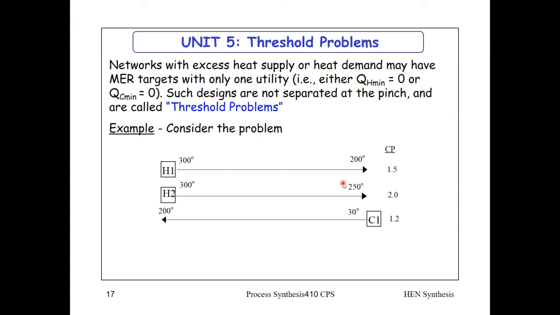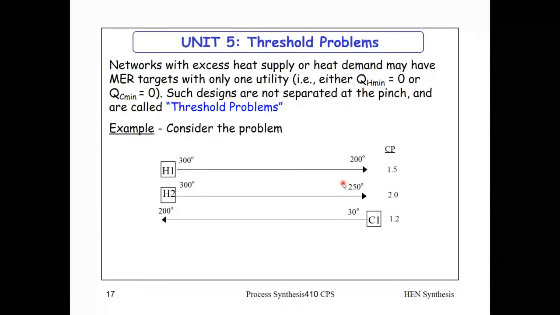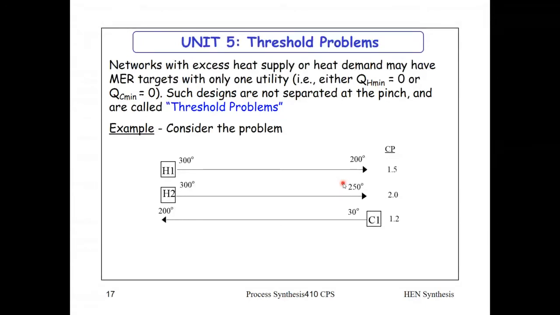Okay, so at one stage when we were doing that splitting of streams, it said don't split unless necessary. So that always holds. You will not split unless it is absolutely necessary. So once it meets those constraints where it says now you've got to split, we went through those constraints, which are quite complicated. You've got to look at 2 different constraints. One about splitting cold streams, and one about splitting hot streams on each side of the pinch.